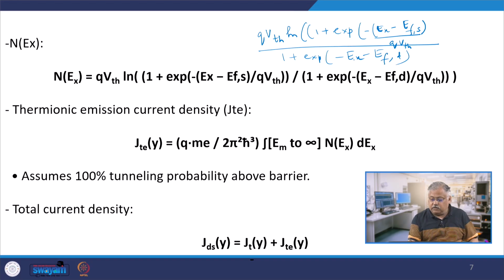I will explain each one of them individually. This is n of Ex.